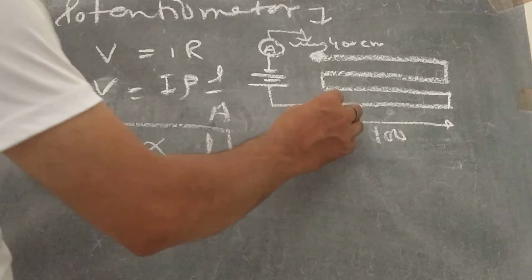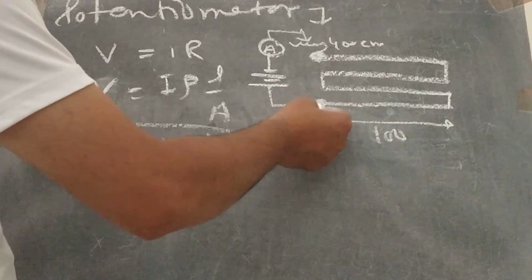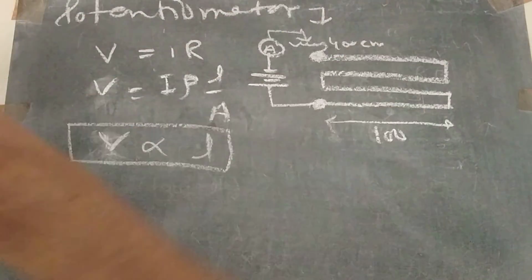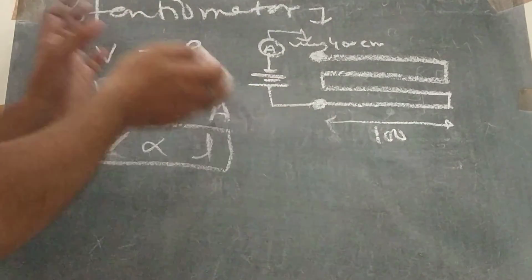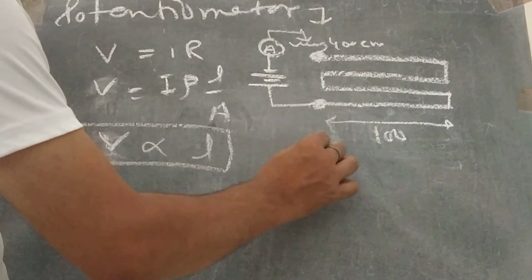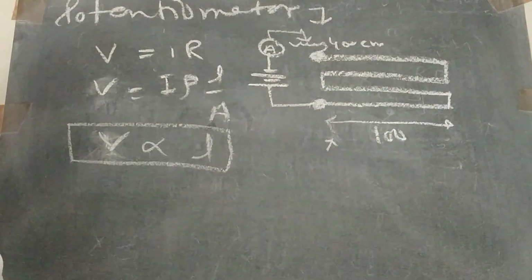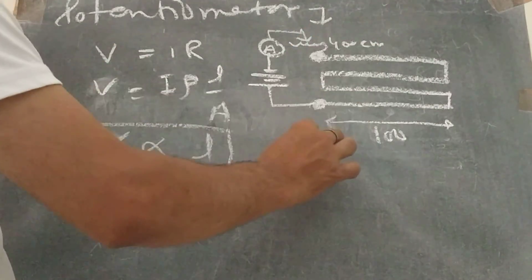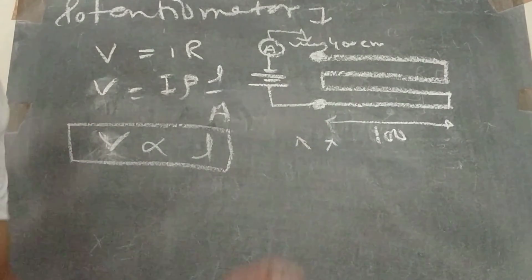Potential drop means, suppose it is connected with the help of a jockey, which we use in application. We obtain a null point. If we place the jockey here and the deflection in the galvanometer is right, then at the other end it must be on the left side, then it is correct.